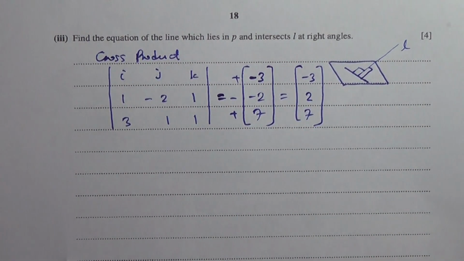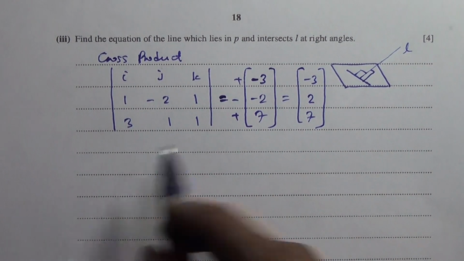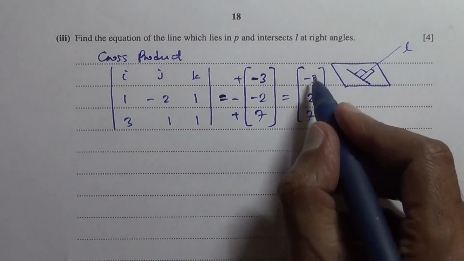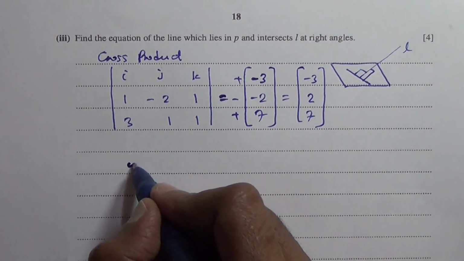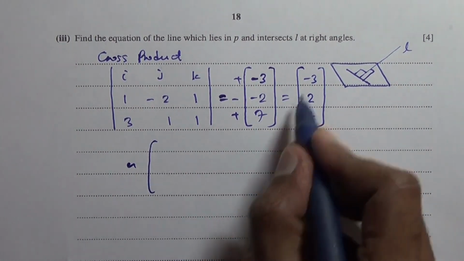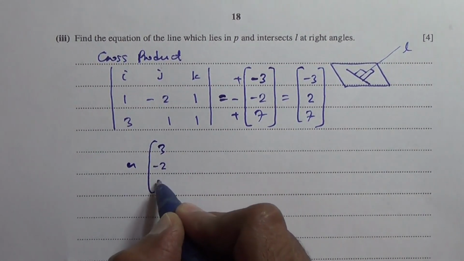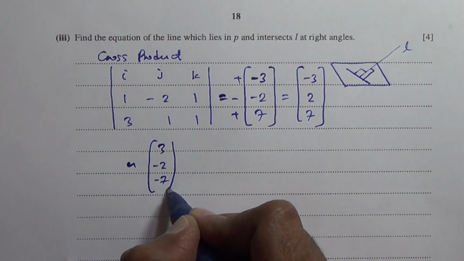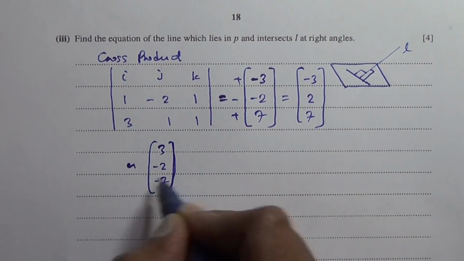Good. Now we're almost there to find the equation of this vector line. This can have an equivalent vector as, if you want, 3, -2, -7. It's the same thing. That's an equivalent.